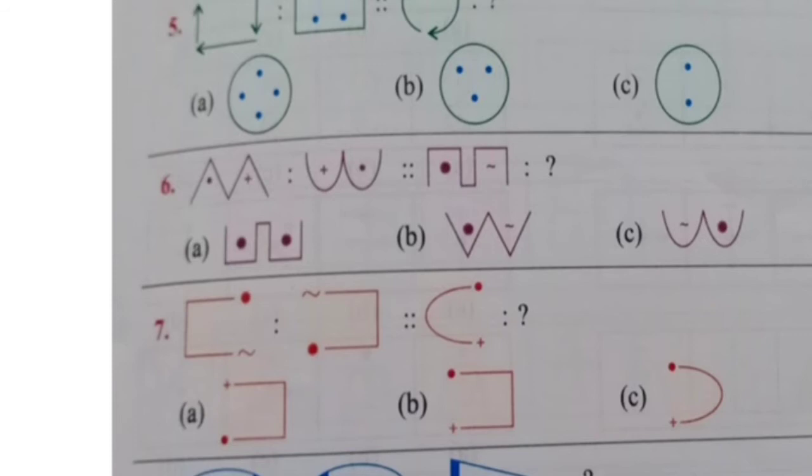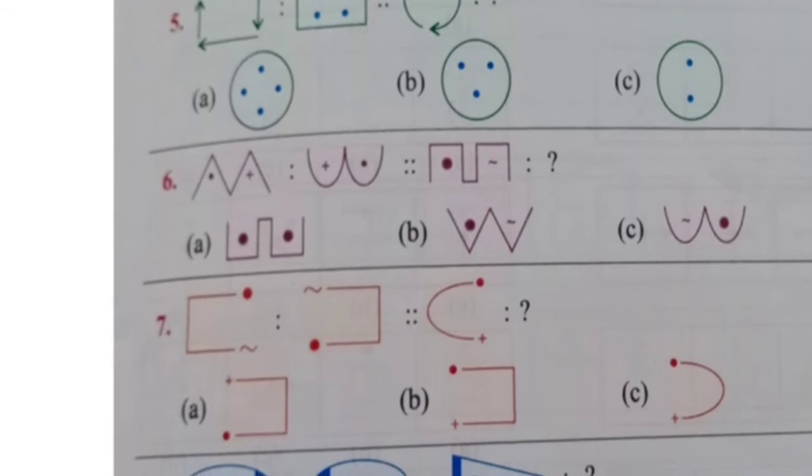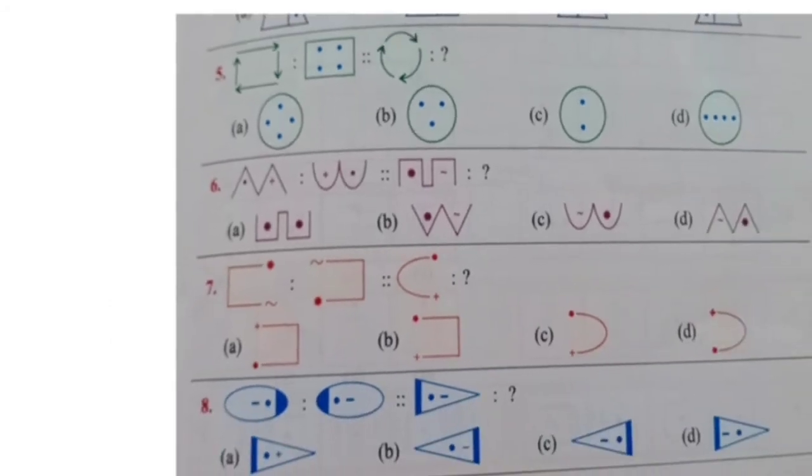In our options, C answer will be correct, because both signs are on the opposite side and the shape is also different. So A, B and D answers are wrong and the correct option is C.